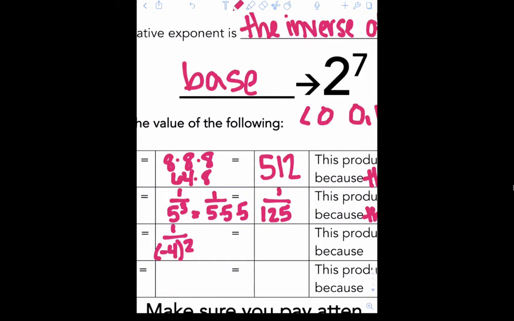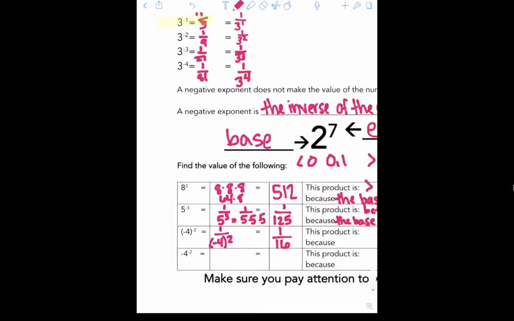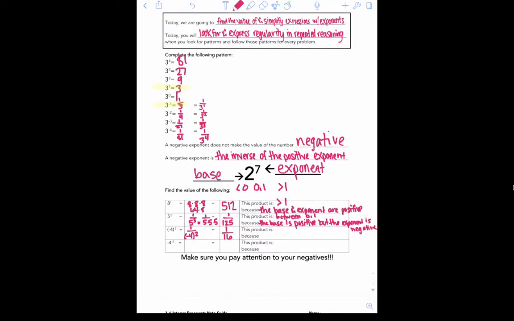Negative 4 to the second is negative 4 times negative 4, which is positive 16, and then 1 in the numerator. So the value of this number is 1/16, which is between 0 and 1.